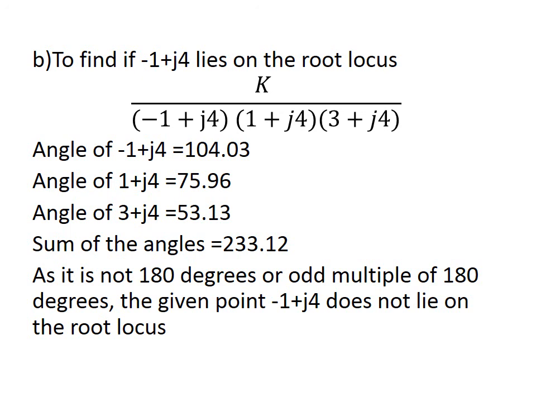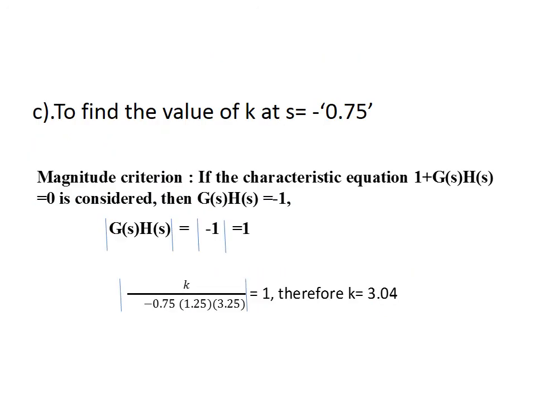The summation of the angles is 233. As 233 is not an odd multiple of 180 degrees, we conclude that the particular point does not lie on the root locus.